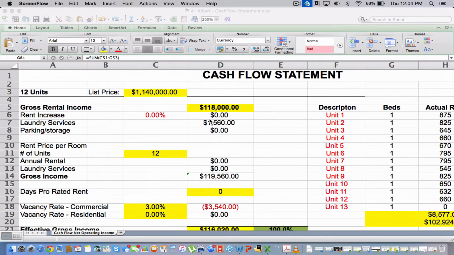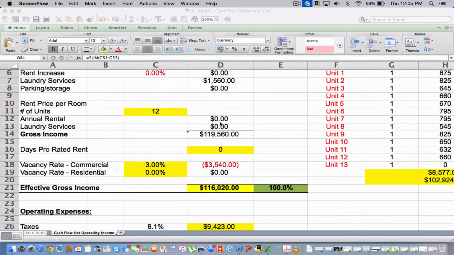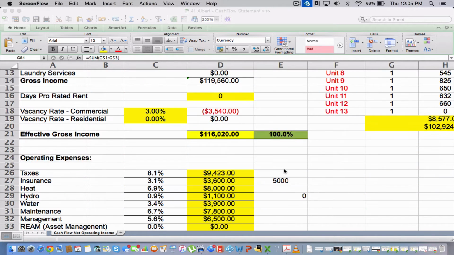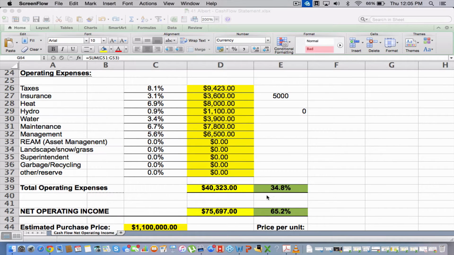This will be step one of the instructional videos for the Investment Property Analyzer tool. To give you some more frame of reference, this cash flow statement, this property analyzer, is broken down into about 5 sections. The first one being calculating effective gross income or gross rental income. The second, total operating expenses.